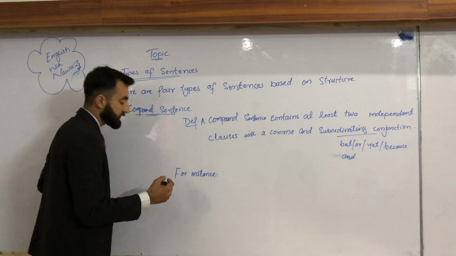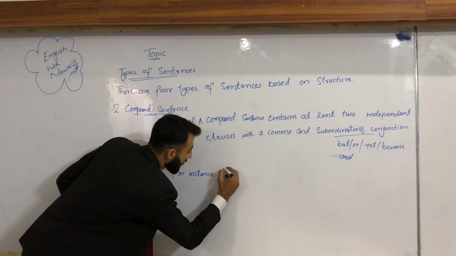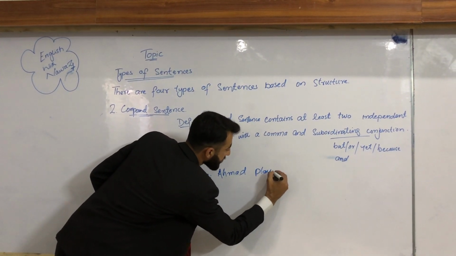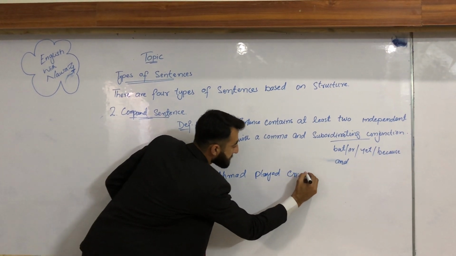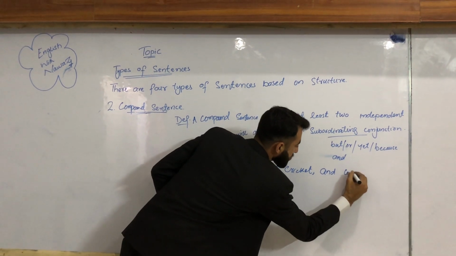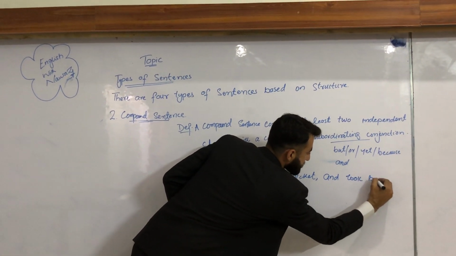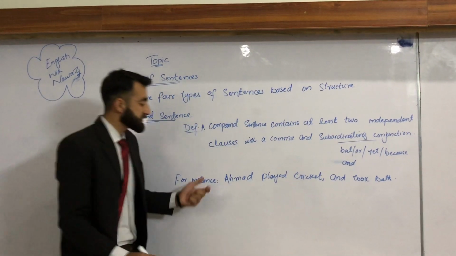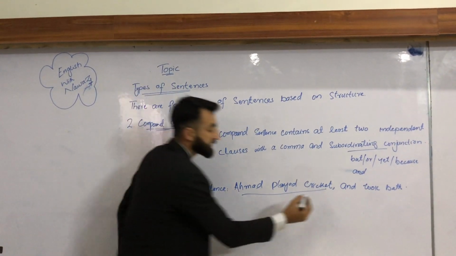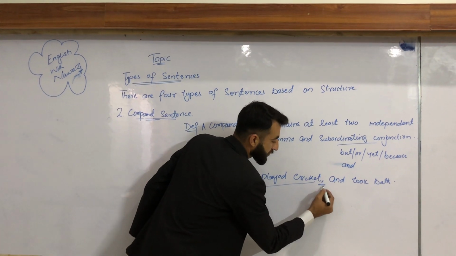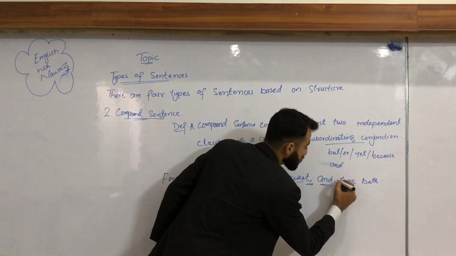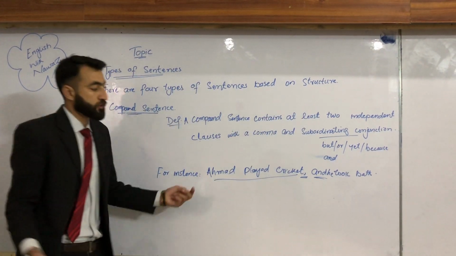So let me give you the examples here. Ahmed played cricket, comma, and took bath. This is an independent clause, but it is combined with the comma and the conjunction, and he took bath.